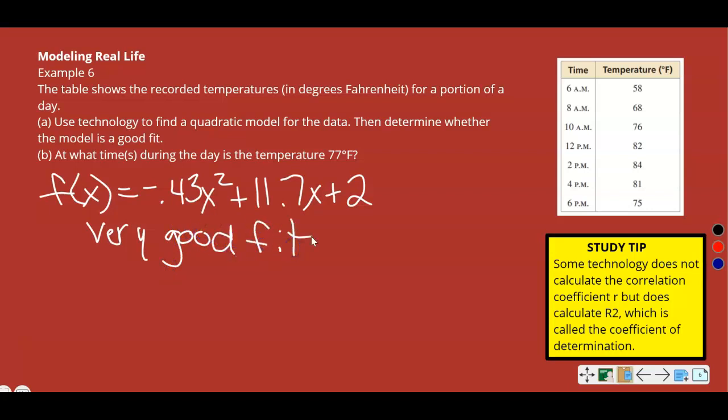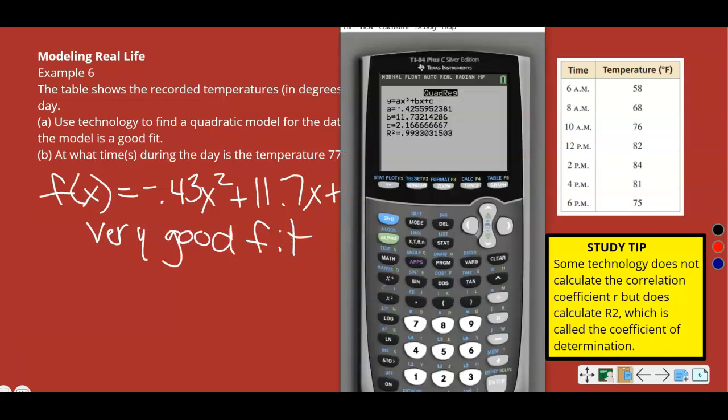All right, if we want to go one step further in determining whether the model is a good fit or not, I like to look at the function on top of the scatter plot. So if you go to Y equals, and we go to vars, number 5, stat, come over to equation, and hit enter, what it did was copy this equation into this, like it didn't even round it.